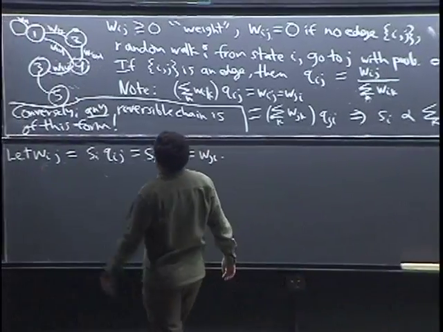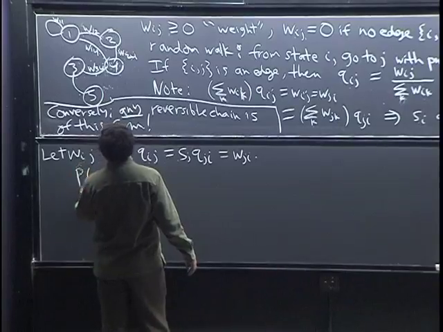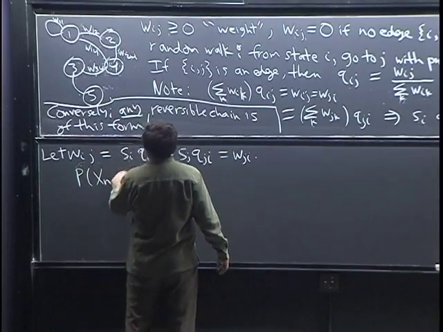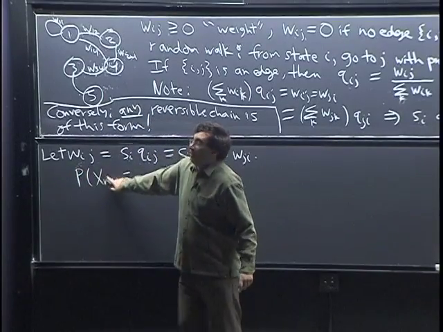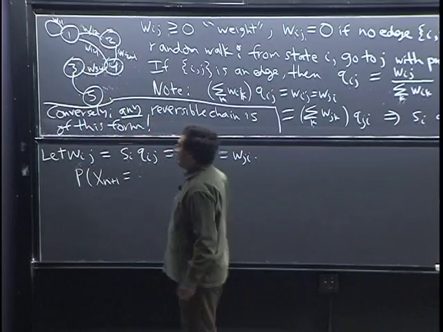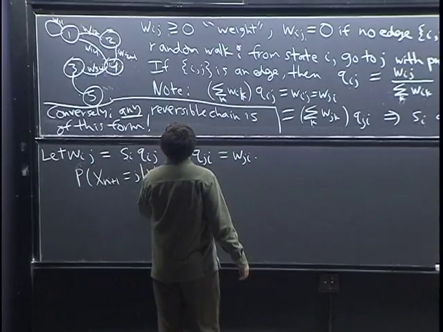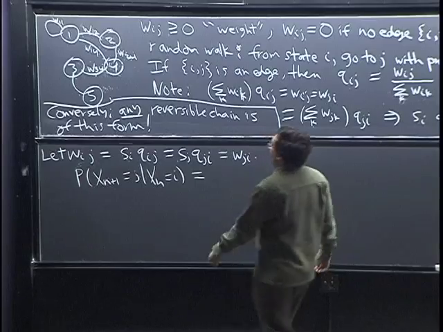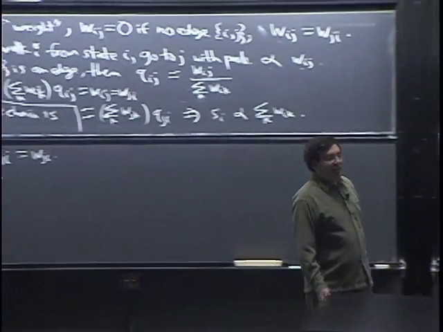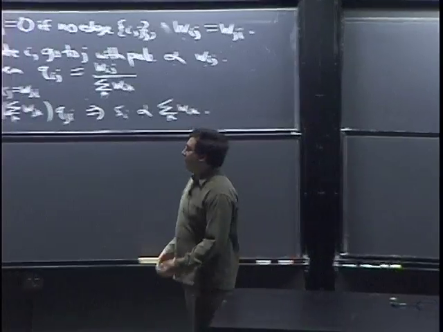So what are the transition probabilities here? Well, I'll just write it as, what's the probability that Xn+1 equals j given Xn equals i, if this X process is random walk on this network. That's the transition probability that we have. Well, by definition, how do we find the transition probability from i to j?